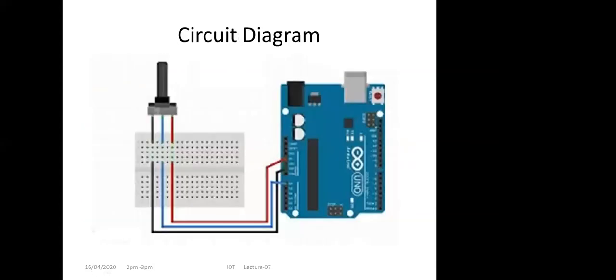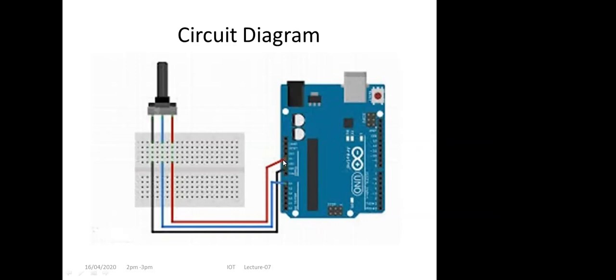On the board, you might have seen the pin description with numbering I told you. There is 5 volts, and the two pins next to 5 volts are ground pins, and the last one is the Vin pin. Just above 5 volts is 3.3 volts.